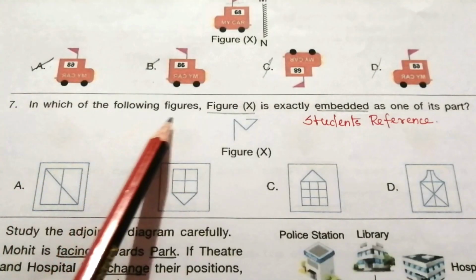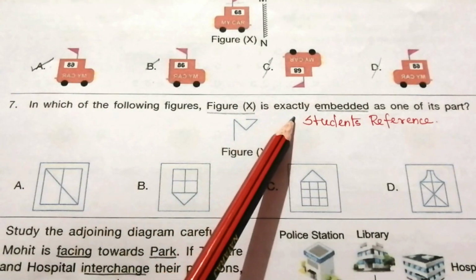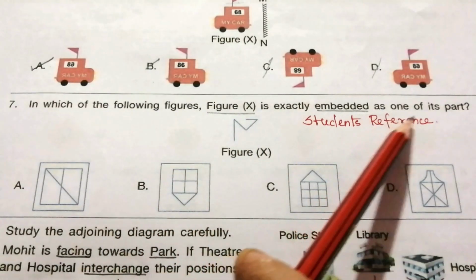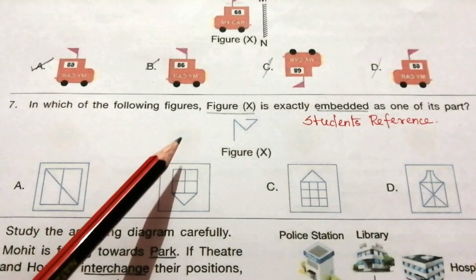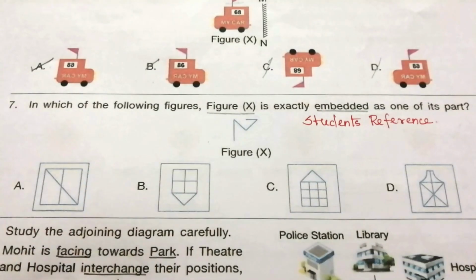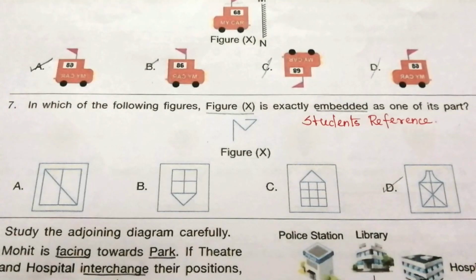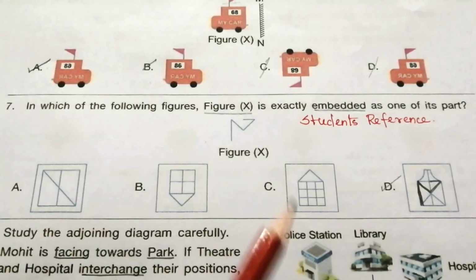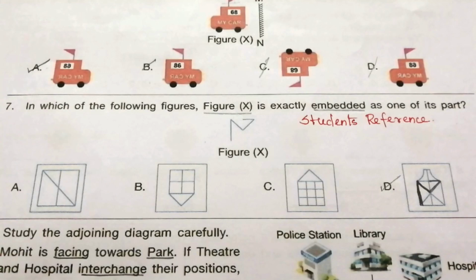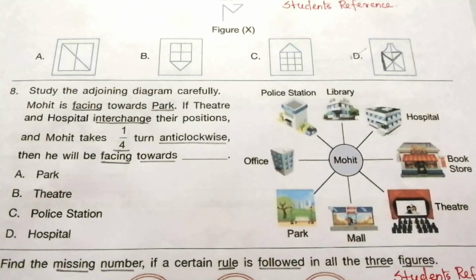7. In which of the following figures is figure X exactly embedded as one of its parts? This is the given figure X. You try to find out the answer from the given options. The answer is D. And figure X is embedded here. 8.